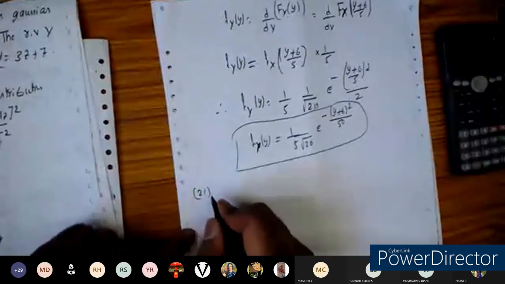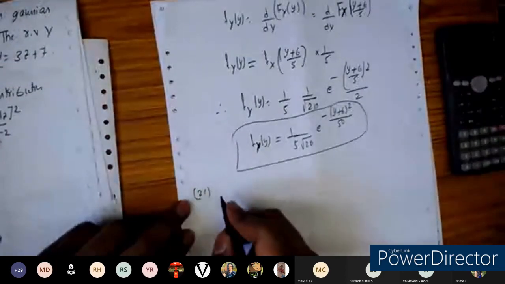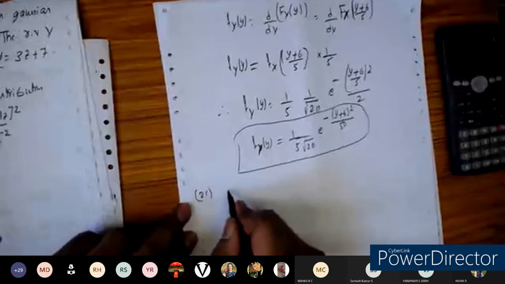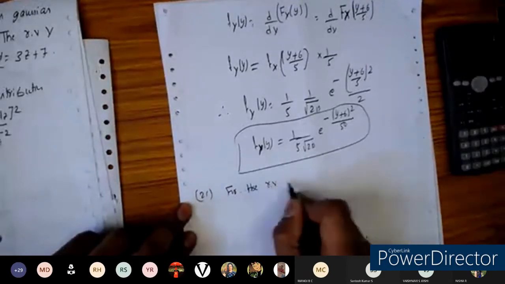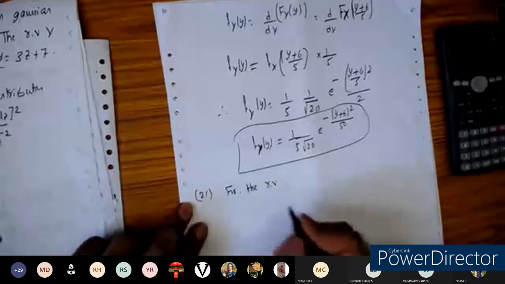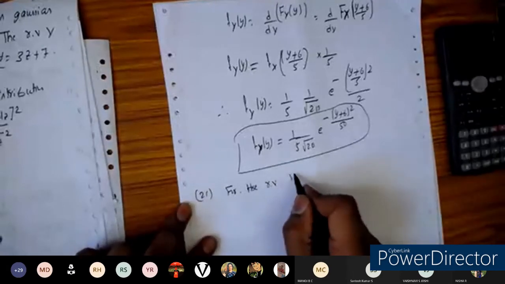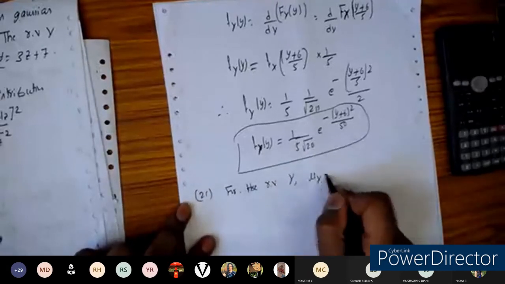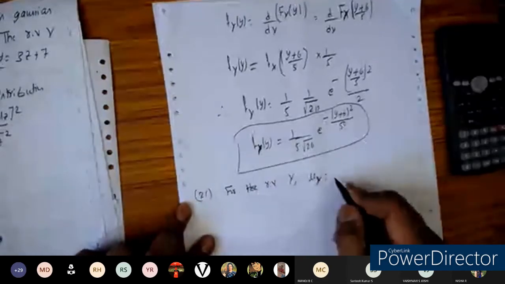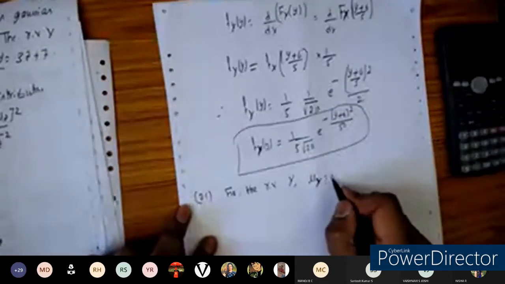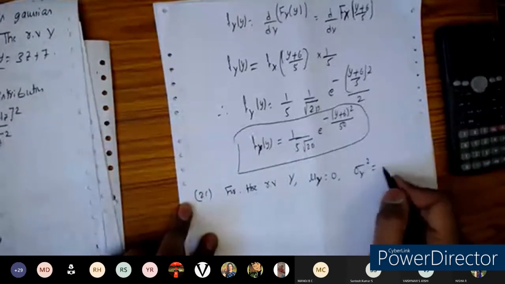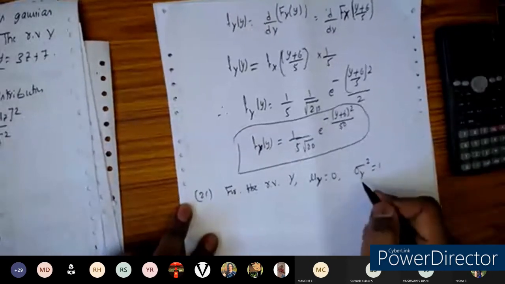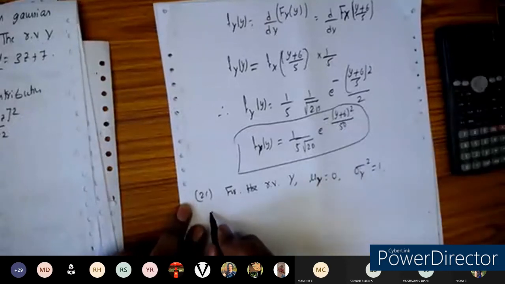So take the next problem. I'll give it in short form. For the random variable y, the mean mu_y is equal to 0 and the variance sigma_y squared is equal to 1.